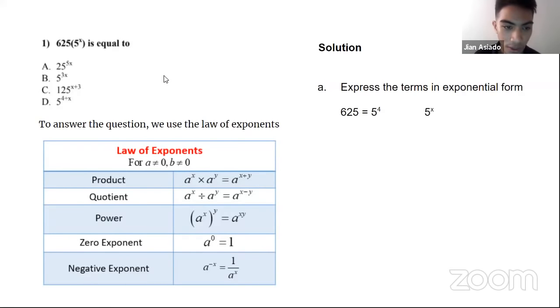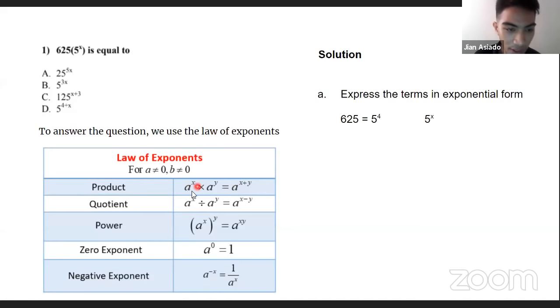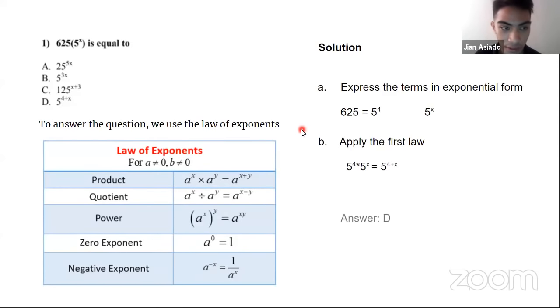As you can see in the law of exponents, it applies when the base is the same. We're talking about the base, this A. So we just convert 625 into 5 raised to 4 so they have an equal base, and then apply the first law. So that gives us letter D.